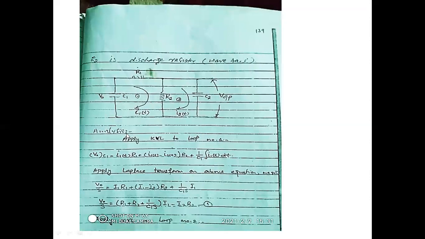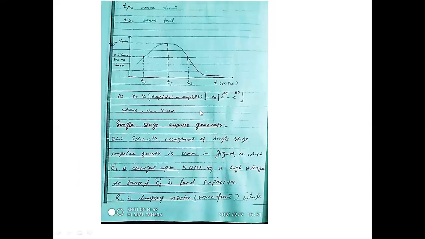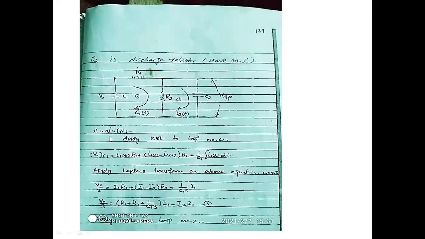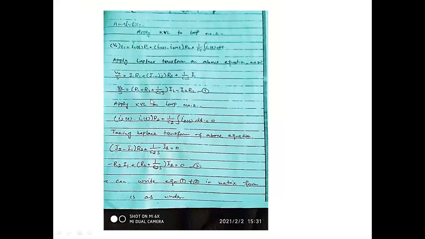The target of this circuit is to find the output of the capacitor. If the output of this capacitor is an impulse equation just like this, then we can claim that this is actually the impulse generator circuit for the single unit.